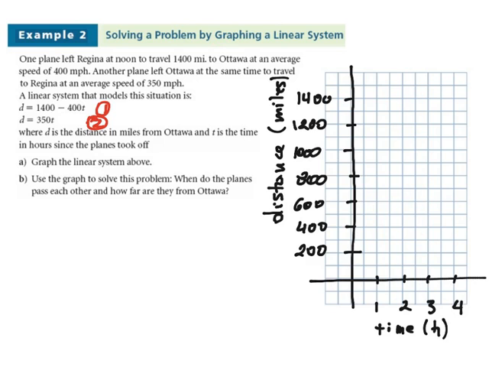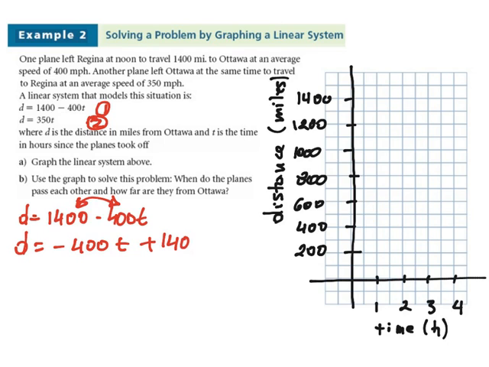Now let's take a look at our first equation. d is equal to 1,400 minus 400t. I'm just going to rearrange it so that the t is right after the equal sign. So d is equal to negative 400t plus 1,400.